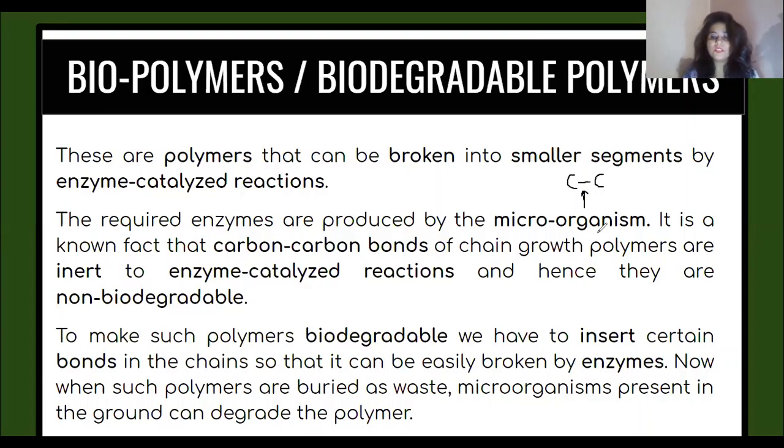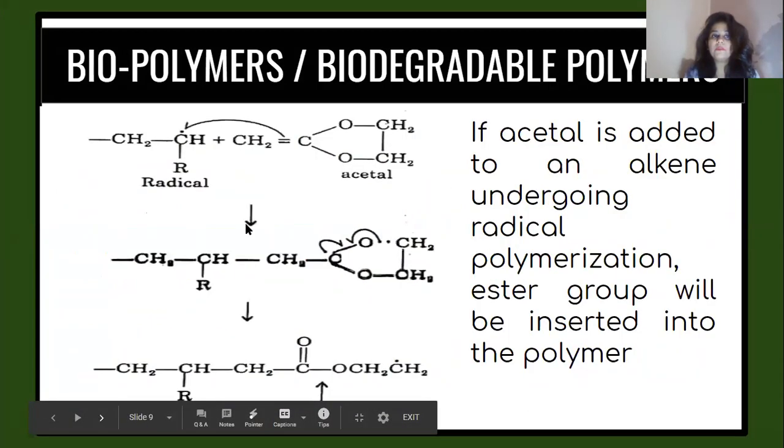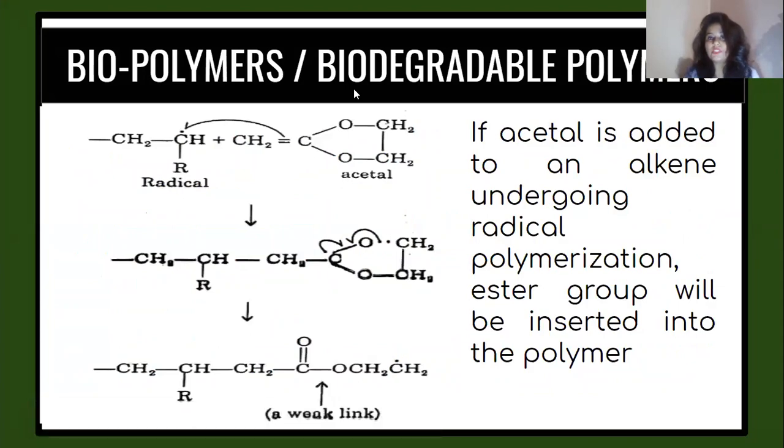The simplest, common example to understand biodegradable polymers or biopolymers is, for example, I am taking an acetal. This acetal, which is CH2=C(R)-O-CH2-CH2, we are inserting into a free radical.